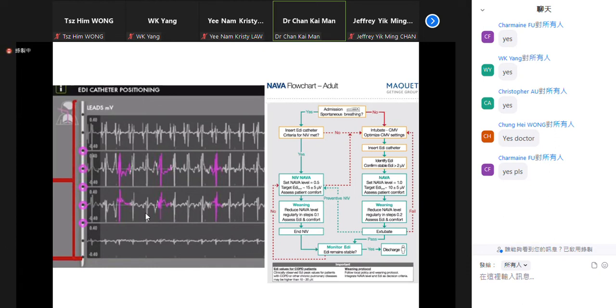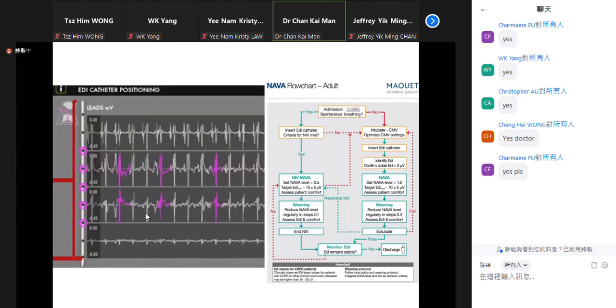ECG tracing has the absence of P wave, and the purple color is demonstrating activities of diaphragmatic EMG. You can see that in this tracing, it is the middle electrode that is sensing the diaphragmatic EMG, and it signifies a good position of the catheter.